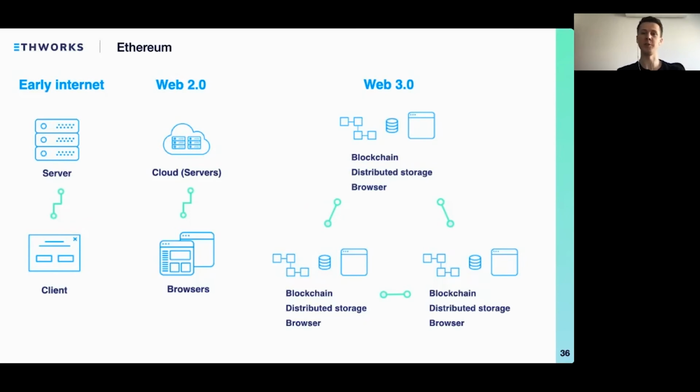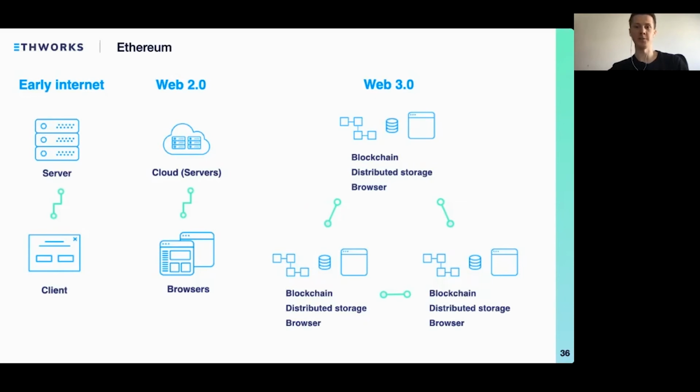In this model, you no longer have a central server. You have nodes of a peer-to-peer network, which can be located closer to you geographically. For instance, you can be downloading data from your neighbor instead of some server in a foreign country.